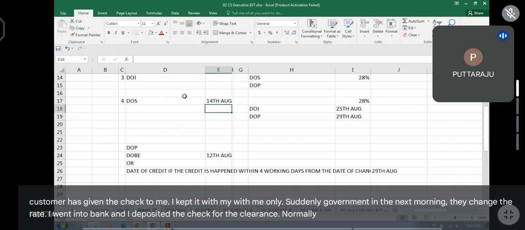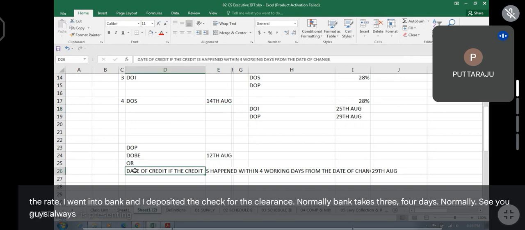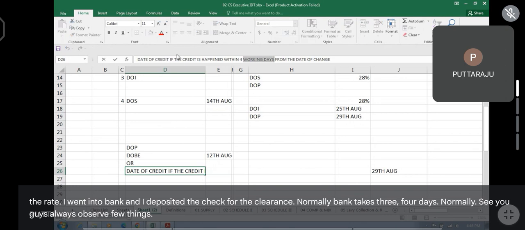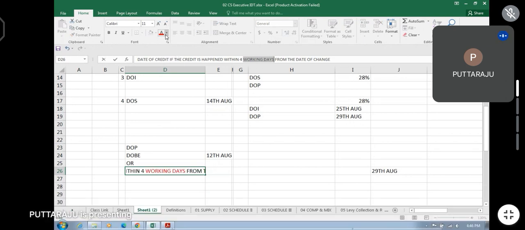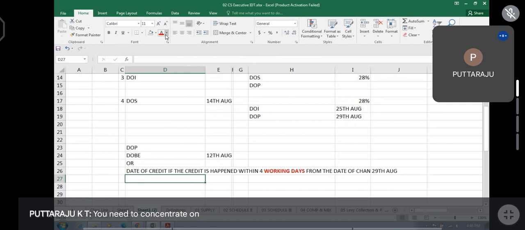Normally, the bank takes 3-4 days. See, you guys always observe a few things. You need to concentrate on these things.